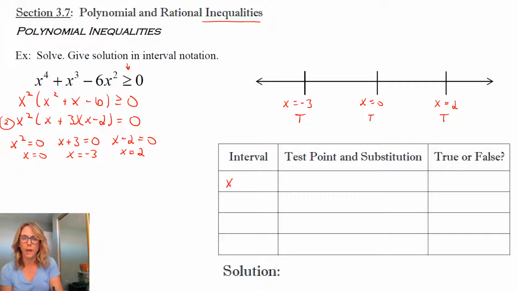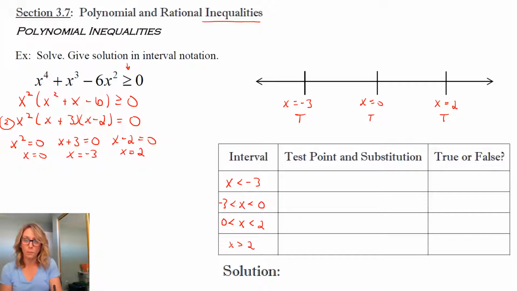So we want when x is less than -3, so that's this interval here. Then we want when x is greater than -3, less than 0. So that's in here. We want when x is greater than 0, less than 2. That's here. And we want when x is greater than 2.